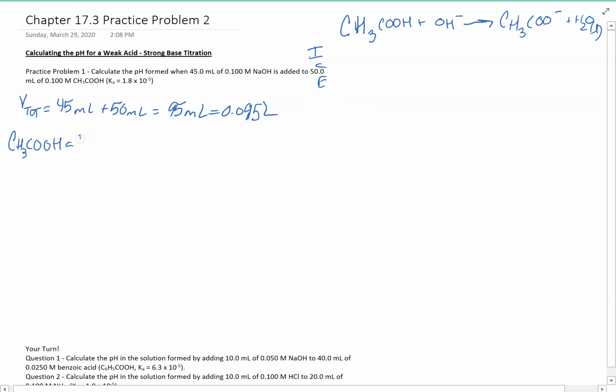So we're going to do the volume times the molarity, and we're going to get 0.05 liters times 0.1 moles per liter, which is going to be 5 times 10 to the negative third moles of the acid.